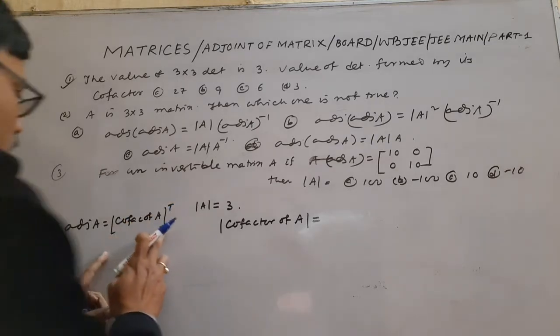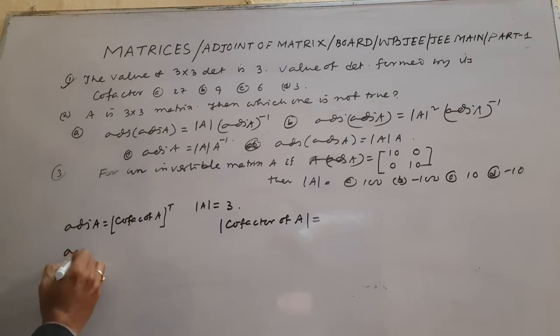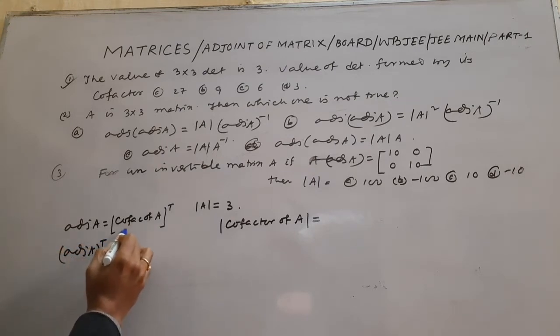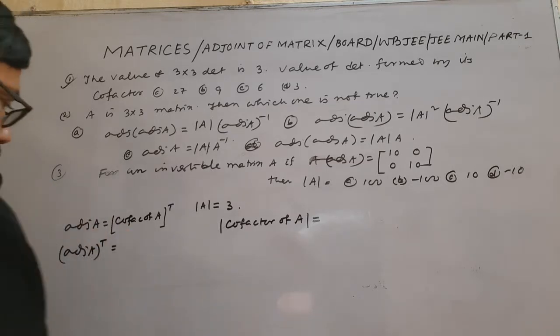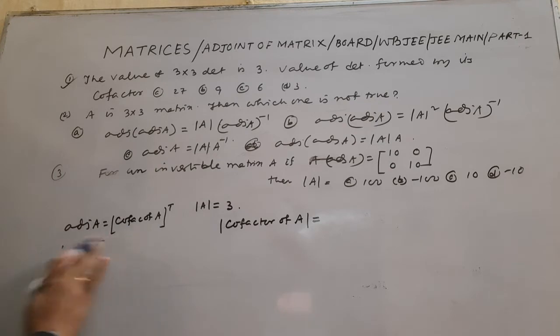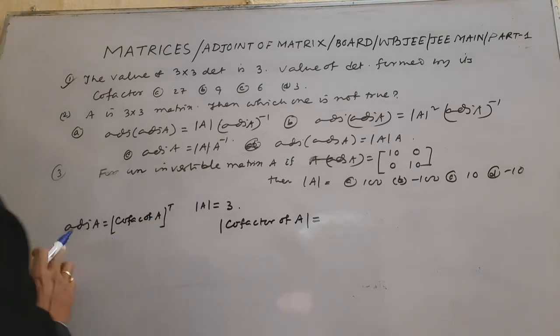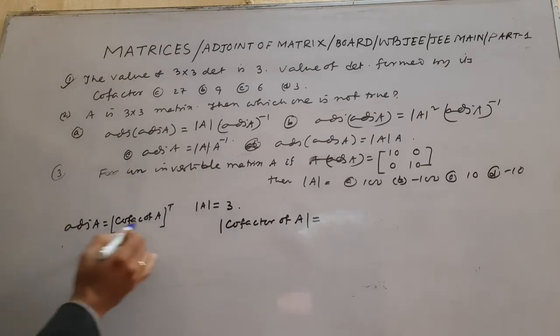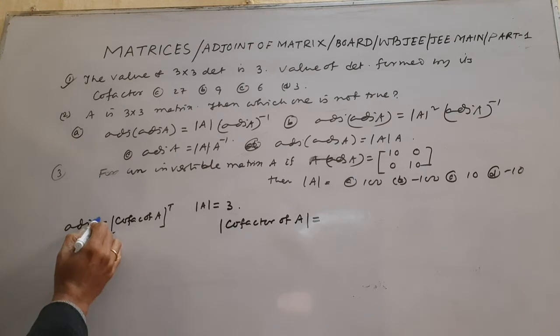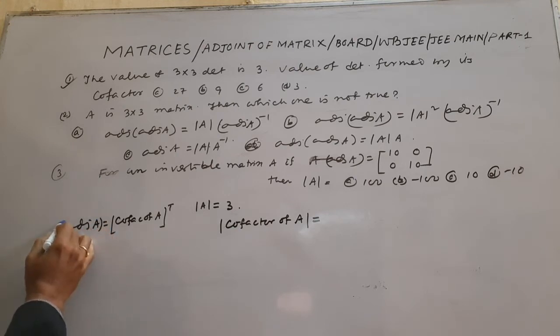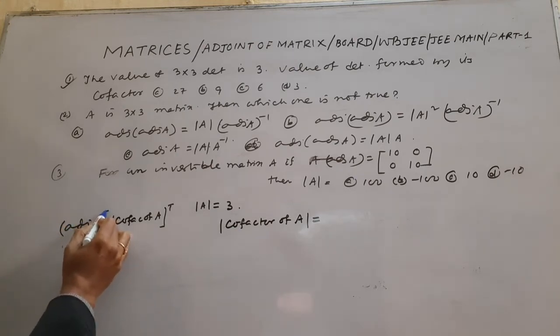So if you take the transpose of the cofactor of A, you get the adjoint of A. So the cofactor of A equals the adjoint of A, transpose.